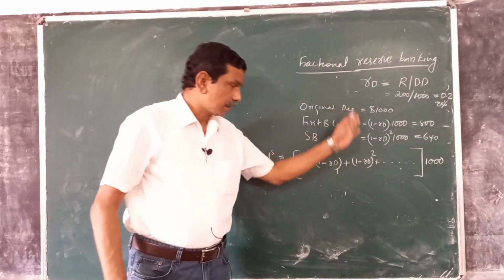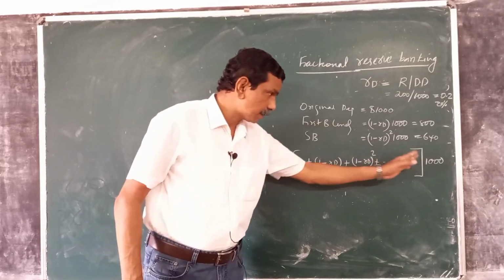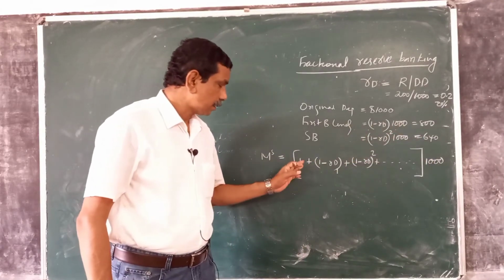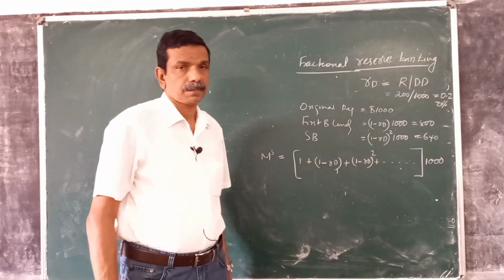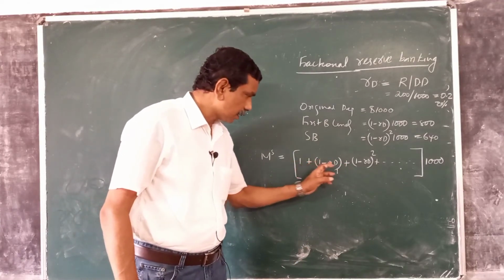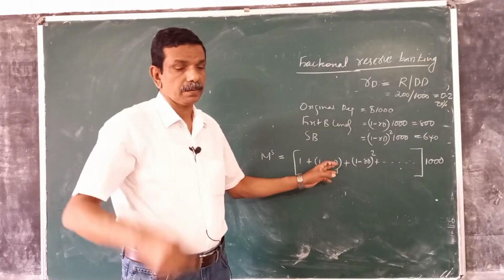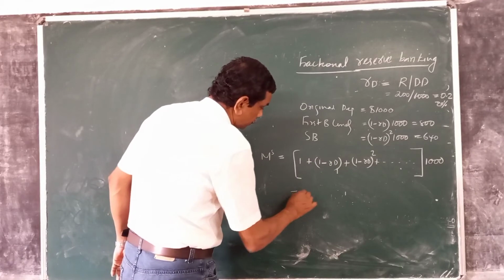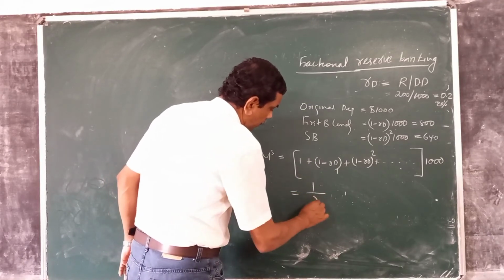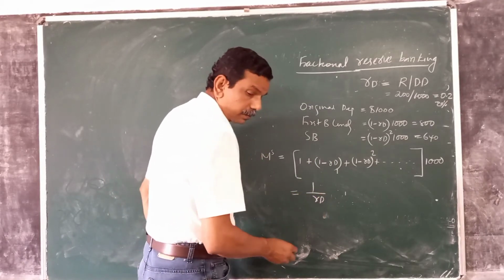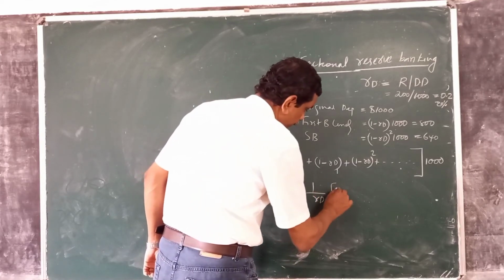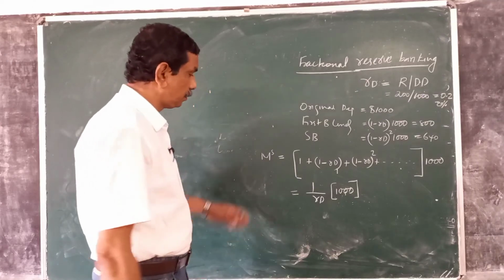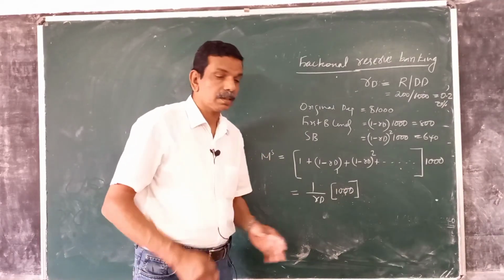And as you can see, this is a geometric progression with the first term 1000 and the common ratio 1 minus RD. Since 1 minus RD is a fractional value, this geometric progression can be written as 1 by RD into 1000.